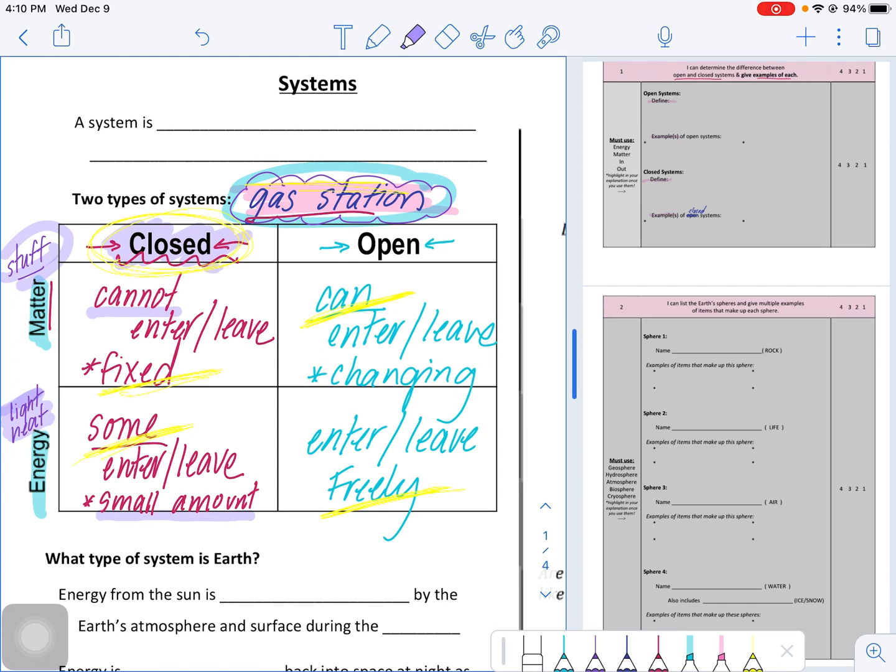It can seep in and out through the glass. Not all of it, right? But some of it. Same thing with heat. The gas station inside has its heater on. A small amount is infiltrating out through cracks or vents in the system. So some can enter and leave. So that's why we have that word there, some, right?